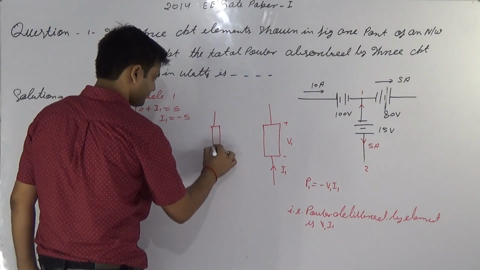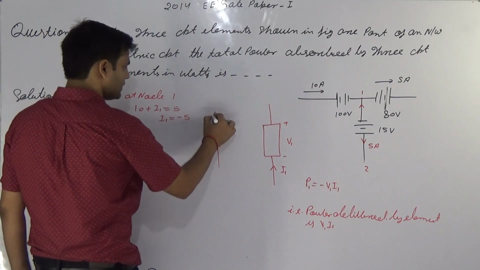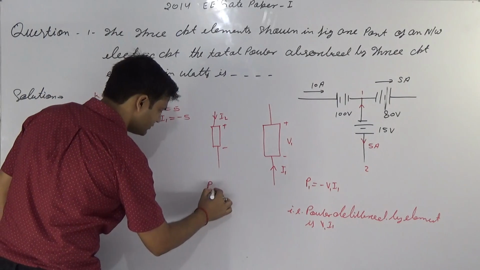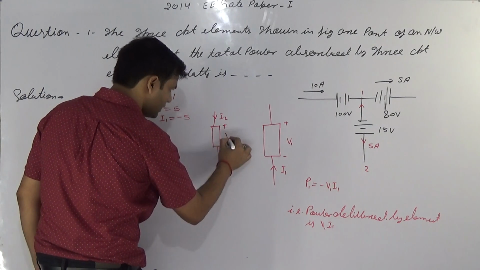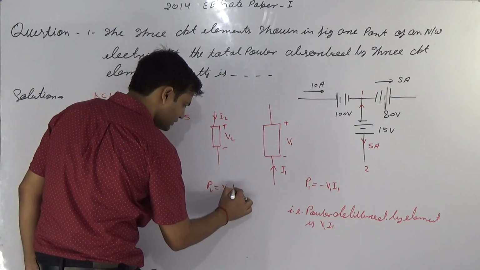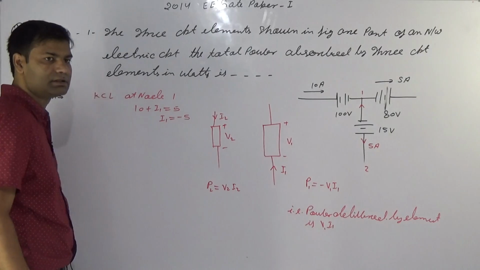And again, if current flows positive to negative, then P2 equals V2 into I2.